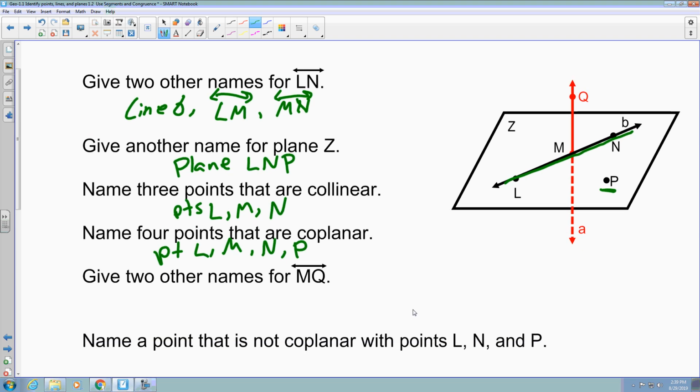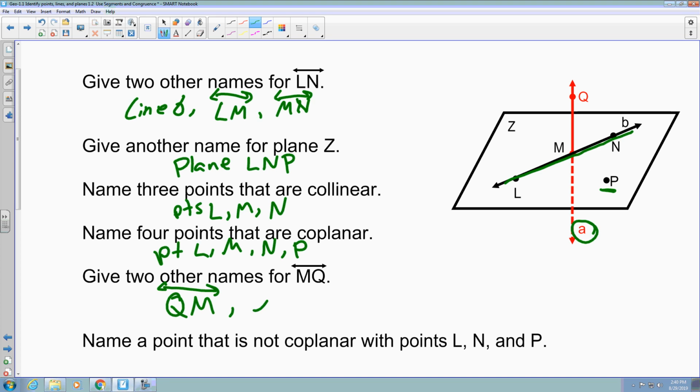Now looking at this, it says give 2 other names for MQ. Well, you could flip it and call this QM. So that's another way of naming it. Also, we have this lowercase a that represents that red line.